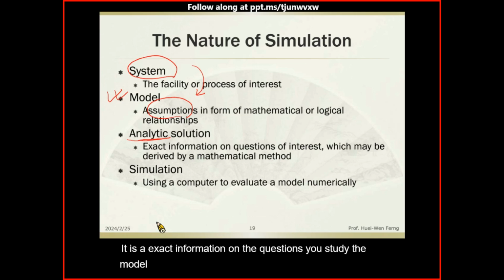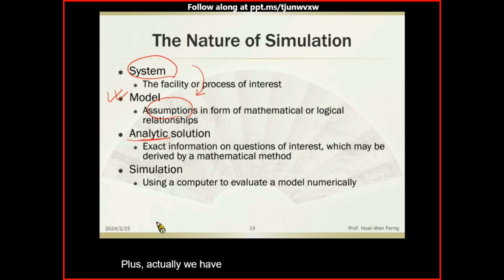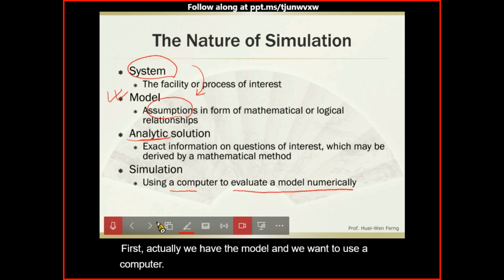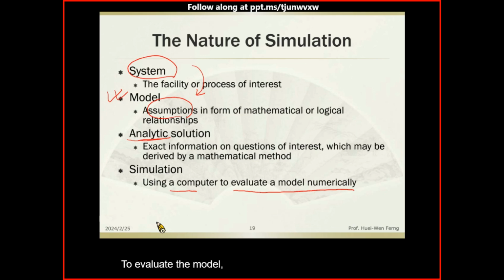If you can have this one, then we have the analytical solution. Another one is simulation. First, we have the model, and we want to use a computer to evaluate the model we define numerically, and this way it's called simulation.